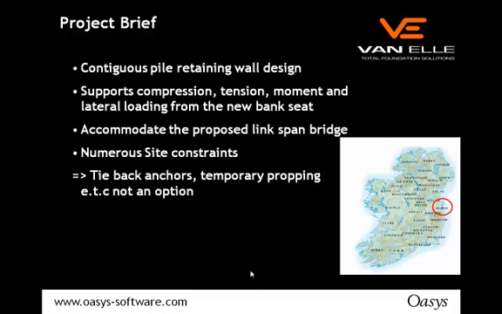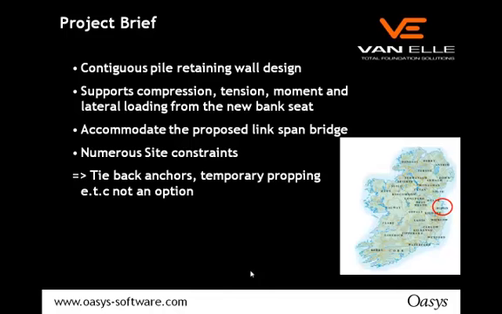A contiguous pile retaining wall has been designed. It supports compression, tension, moment and lateral loading from a new bank seat. It accommodates the proposed link span bridge, and there were numerous site constraints within the site here. So solutions that you would normally consider, things like tie-back anchors and temporary propping, were not an option.